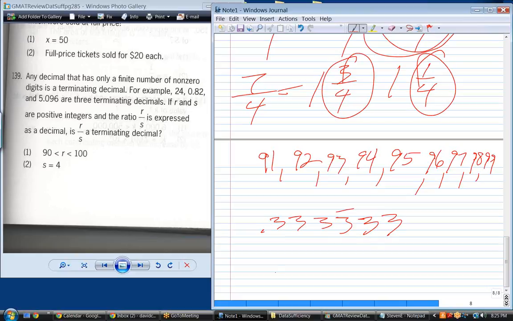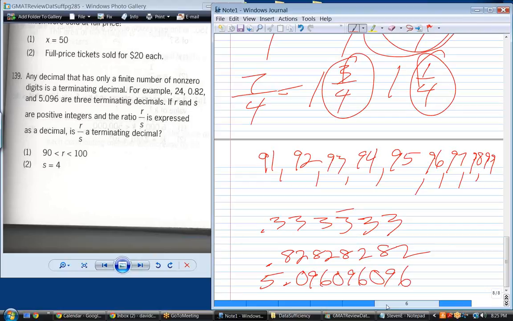In other words, 0.82 is terminating because it goes 0.82, 82, 82, 82. Even 5.096 goes 5.096, 096, 096. Oh, it's finite. Notice it has a finite number of non-zero digits.